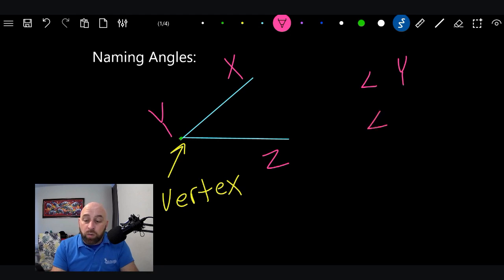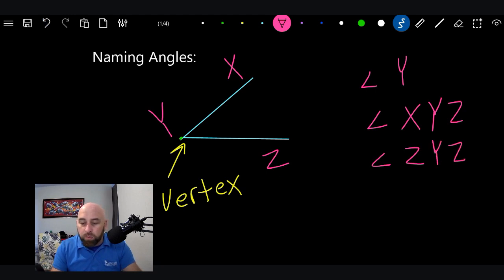A second way that you could name this angle is you could name it with the sides and the vertex. Okay, so what do I mean by that? I could call it X, Y, Z. Another thing that I could call it is I could start with Z, and I could say it's ZYX.